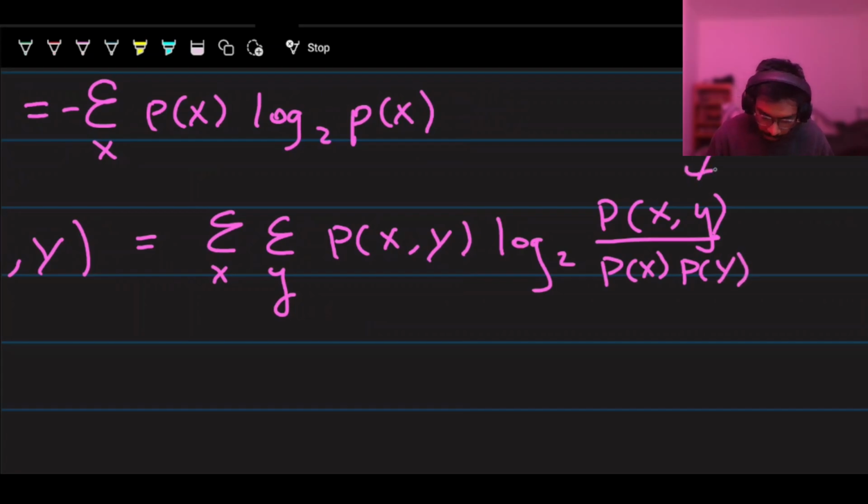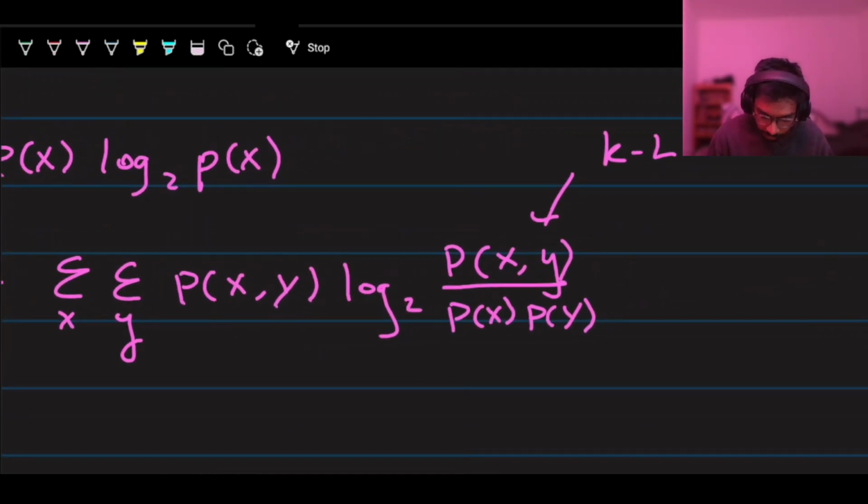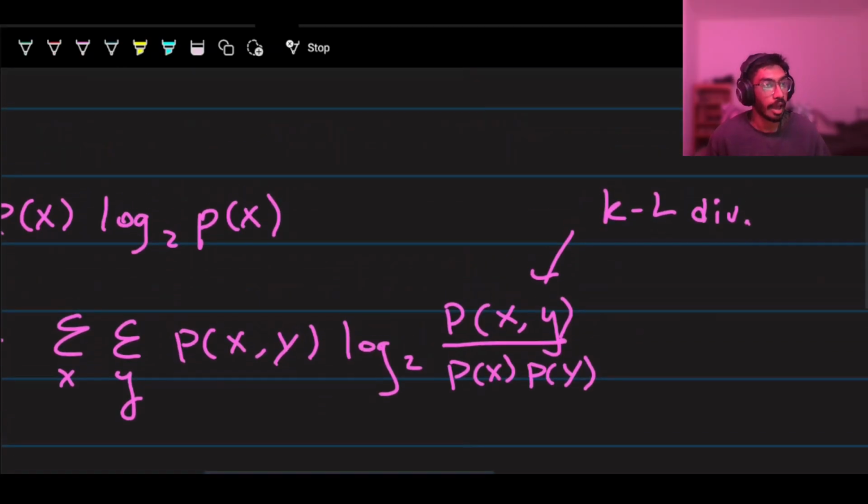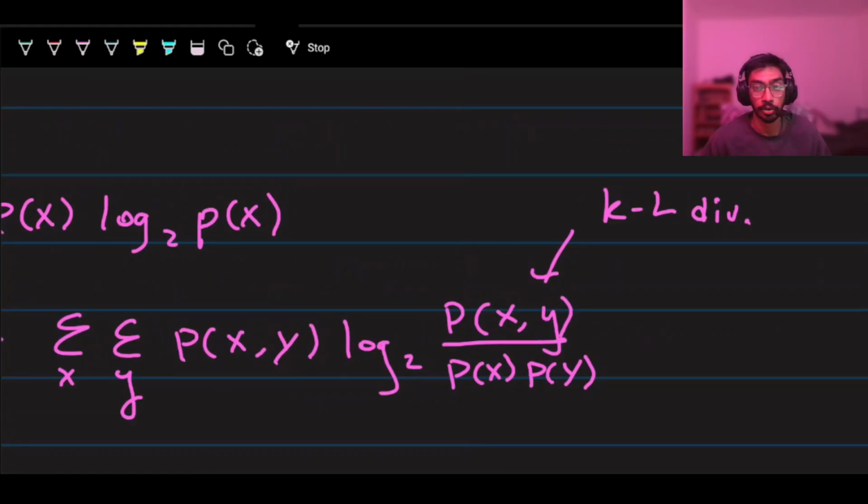And so this right here is the KL divergence, just showing how two random variables are related, almost like the correlation coefficient of two random variables, but not for the bivariate normal case, which we all know is rho.